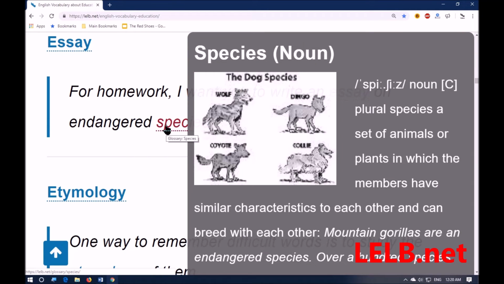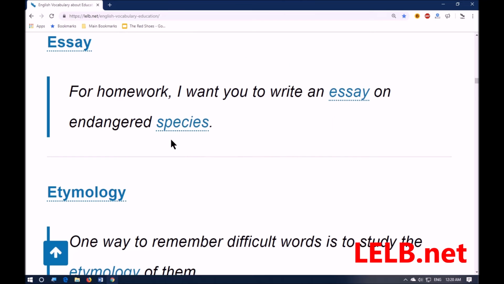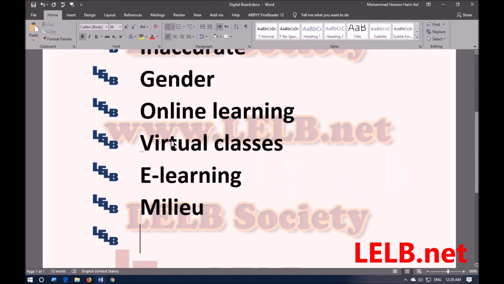And species, it refers to a set of animals or plants in which the members have similar characteristics to each other and can breed with each other. So endangered, it means that they are on the edge of extinction, say.